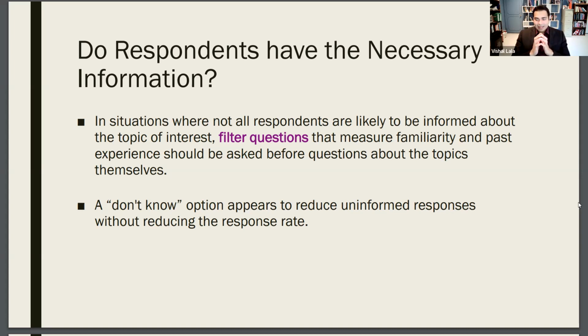Now, the flip side is, from a data standpoint, you've got to bear in mind, anytime somebody answers don't know, that means you have a hole in your data. When you get to the spreadsheet form of your data, you're going to find that there's a certain question that doesn't have a number associated with it. Therefore, it's a blank or a missing value.